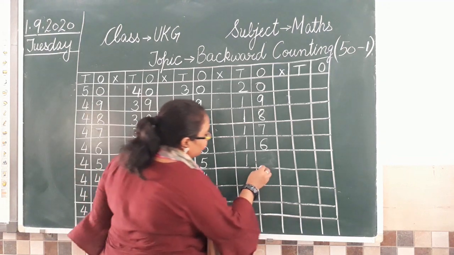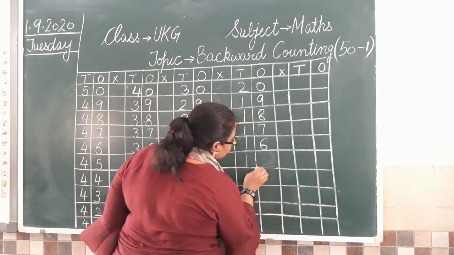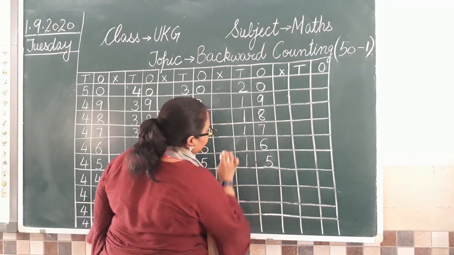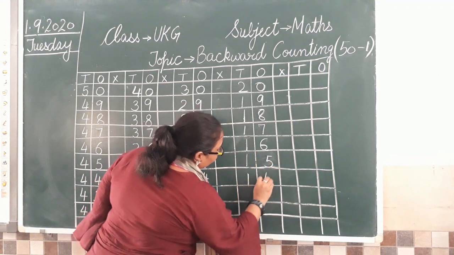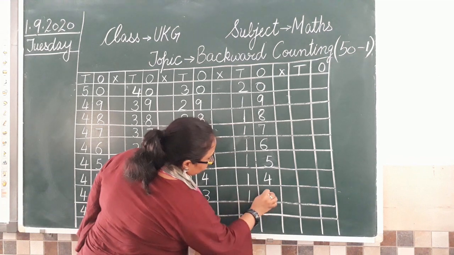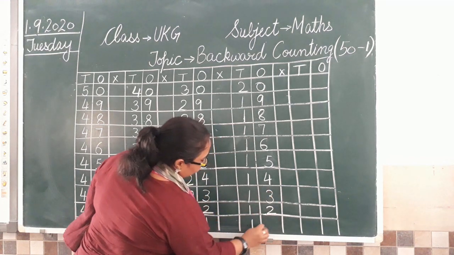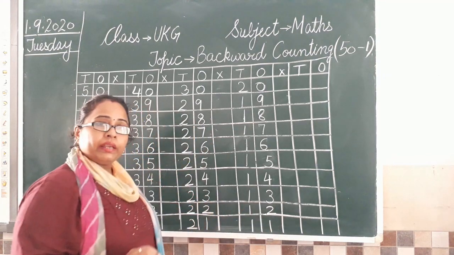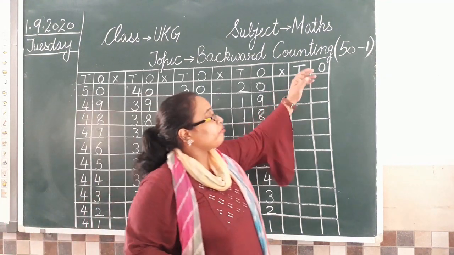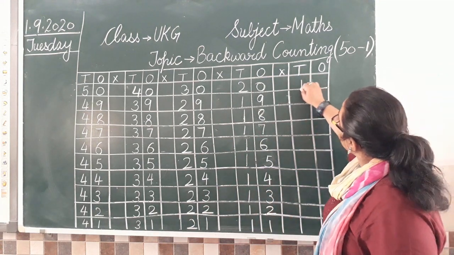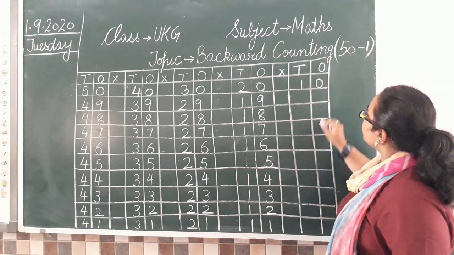So 5 was not written on the bottom line. You have to be very careful while you are writing this. Clear? Then 14, 13, 12, 11. Clear? अब 11 से before क्या आता है? 10. So that we are going to write here 10.